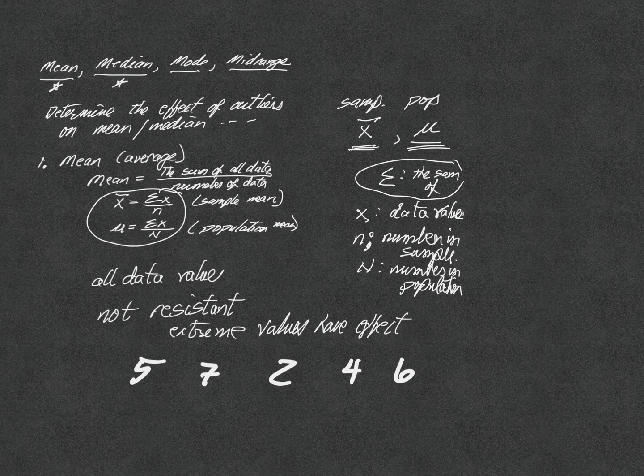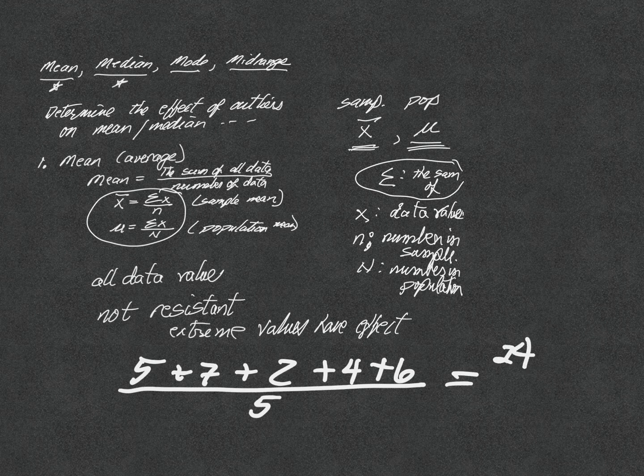Then if I want to find the mean, I would add these up, and then I would divide by the number of them, all right? And so that would give me 12, 14, and 10 is 24, divided by 5. So the average here would be 4.8, okay?